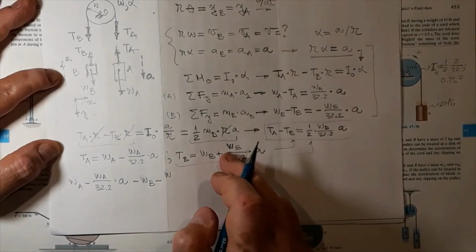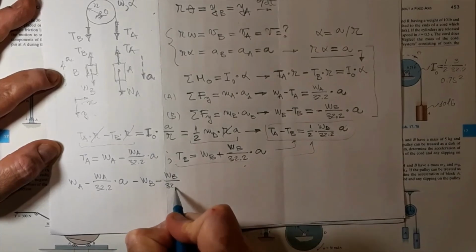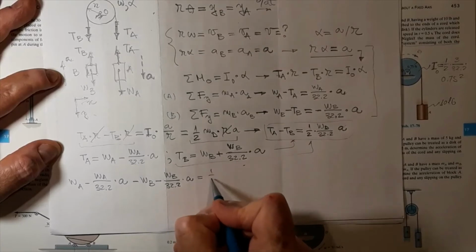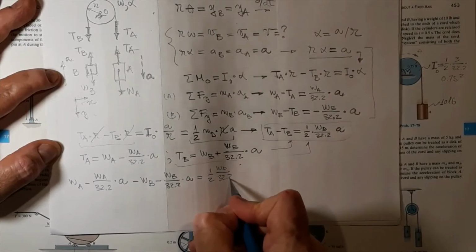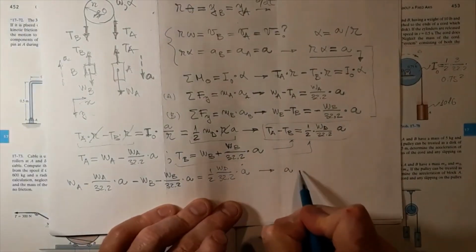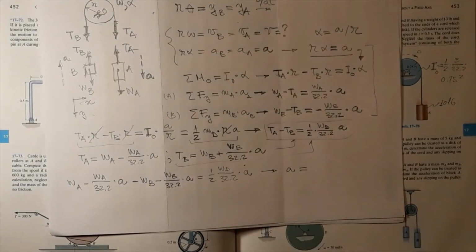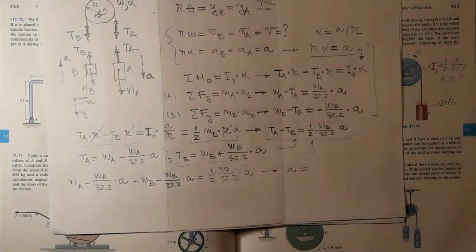So I'm here and I'm subtracting WB over 32.2 times A equals 1 over 2 WD over 32.2 times A. Okay, so this is enough to calculate A. Is it? Well, it cannot be but 0. Let's see. Have we missed anything? Actually, no. I'm sorry. There are two terms that don't multiply A, so it cannot be 0.